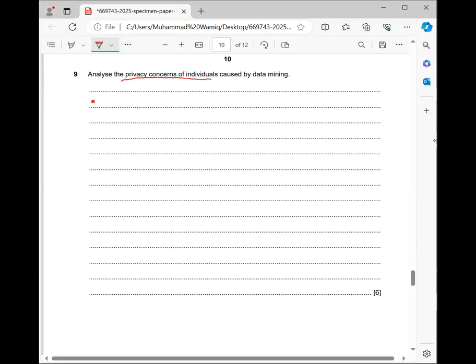I can say that individuals do not have control over their private data. So definitely, if they do not have any control, that means they also cannot give consent for its distribution or sharing as well.